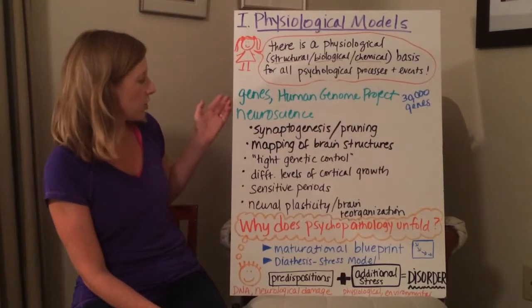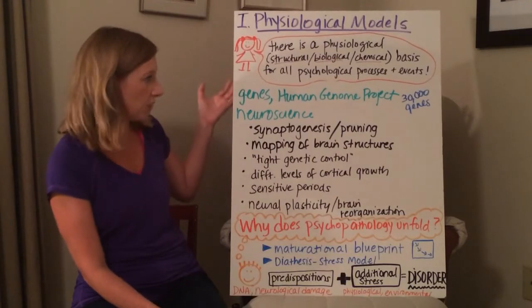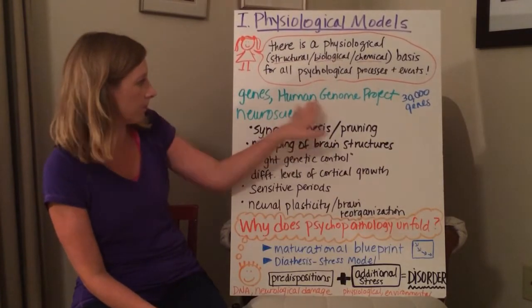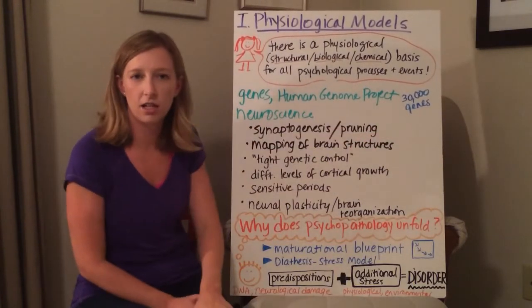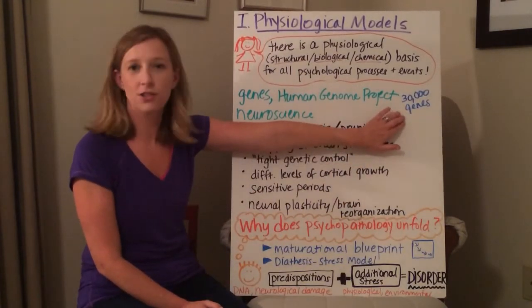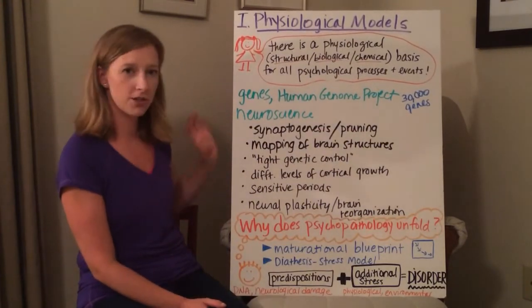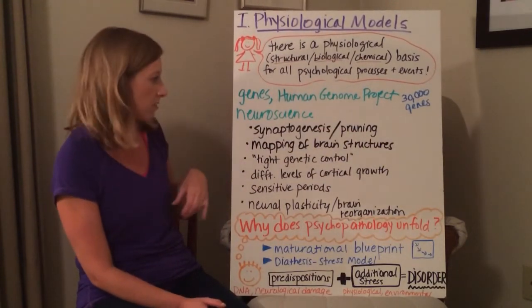I've mentioned that physiological models are concerned with genes, gene mapping, for example. The Human Genome Project is discussed in more detail in your text, attempting to identify 30,000 genes in human DNA. The field of neuroscience involves all of these different aspects.